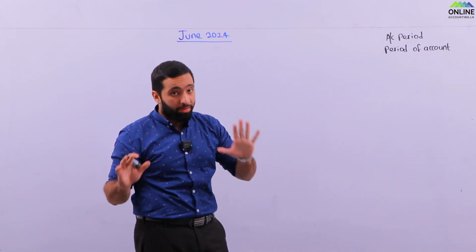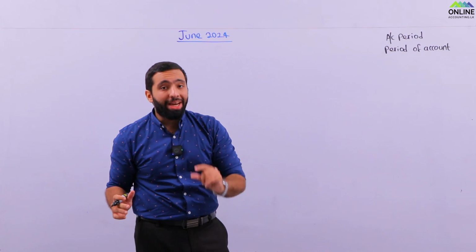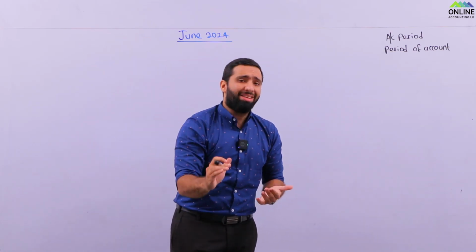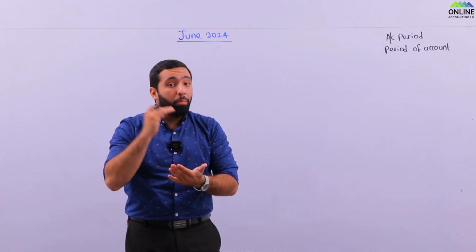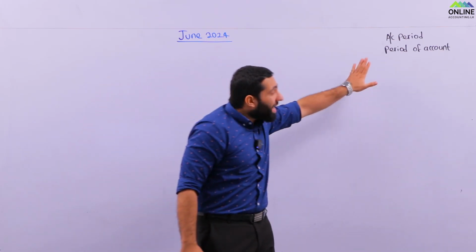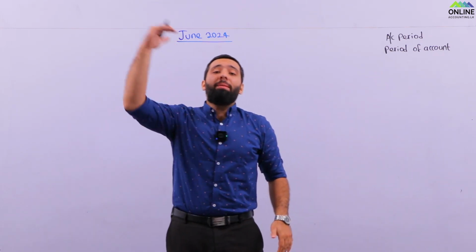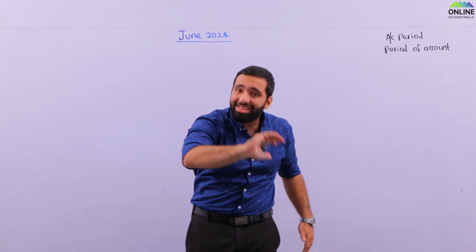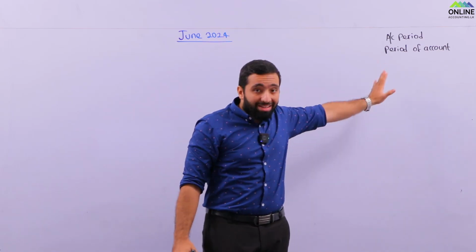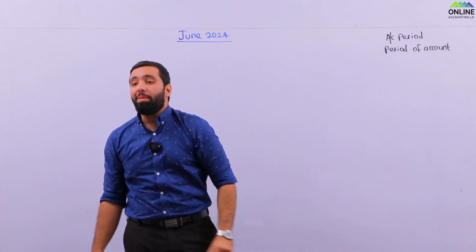Remember, this is very important. The accounting period is where you pay your taxes. It cannot be more than 12 months. It can be less than 12, but it cannot be more than 12. It has to be either 12 or less than 12. But a period of account can be more than 12 months or less than 12 months. So remember the difference. The examiner is asking you for the accounting period.